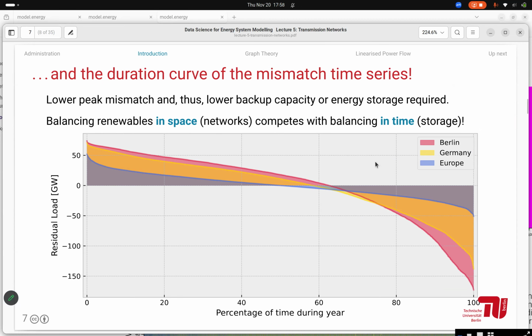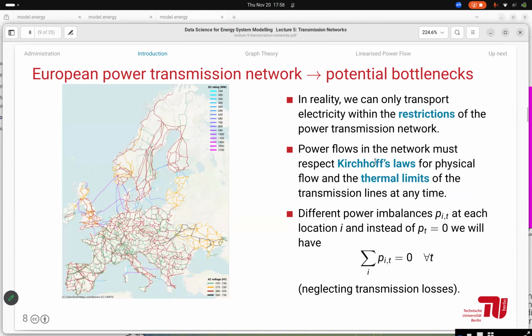So this means we have not only storage, demand side management, balancing in time as one option to balance renewables, but also balancing renewables in space through transmission networks or general energy transport.